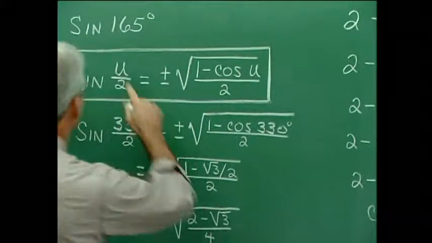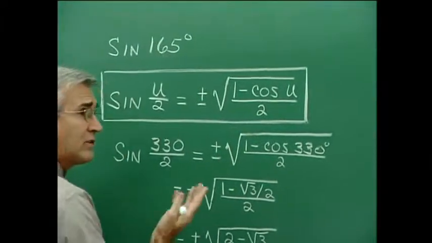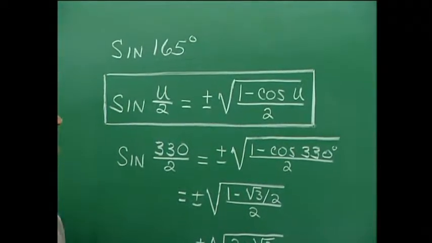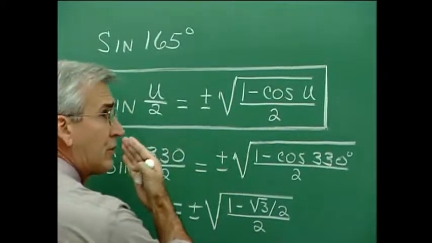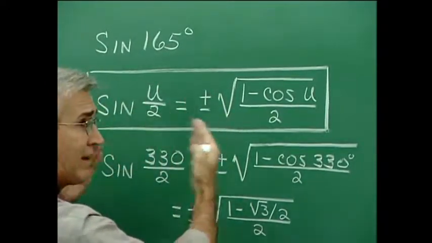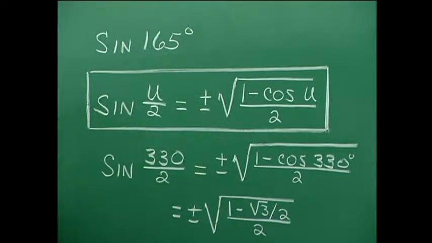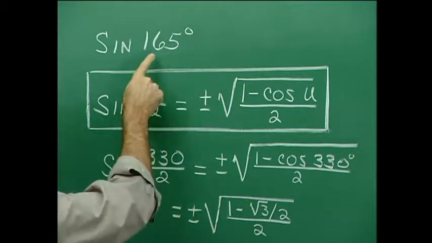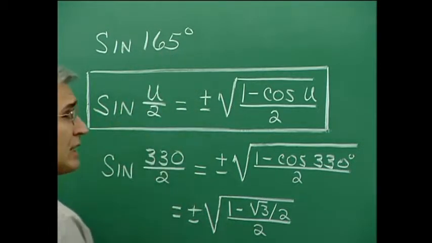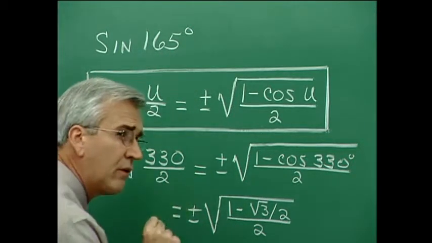Okay, for this one, for sine 165 degrees, let's say we want an exact value for this. So we try to use double angle or half angle ideas in simplifying sine of 165 degrees. With a little investigation, we find that if we double 165 degrees, it turns out to be 330 degrees.